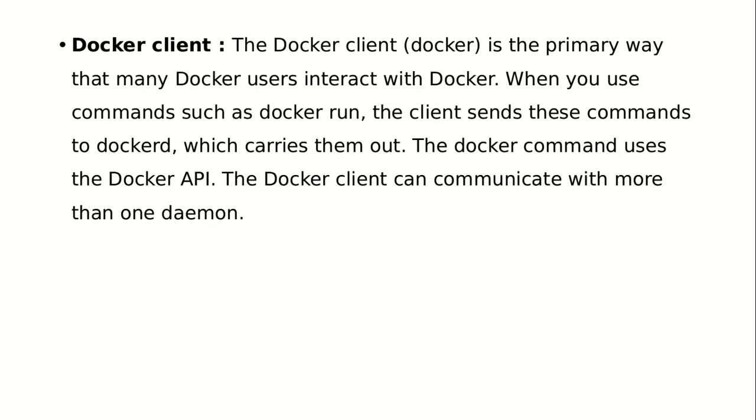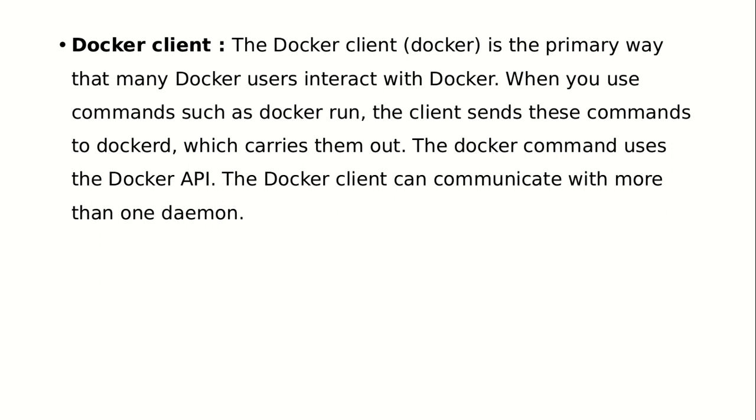The next component we have is your Docker client. The Docker client is the CLI, known as the command line interface, and this is the primary way that we interact with Docker. All the commands that we want to run with Docker, we do by using this Docker client.